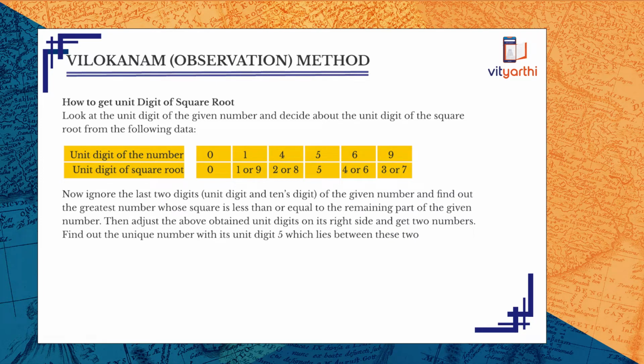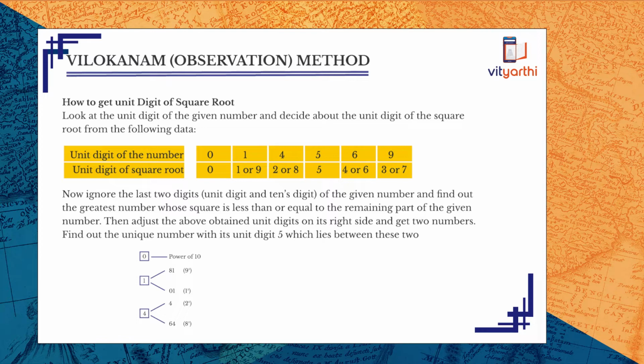Now understand the concept clearly. If 0 is in the unit place of a number, the square root of the number will be a power of 10. If 1 is in the unit place, then the square root of that number may contain 9 or 1 in the unit place. If 4 is in the unit place, then the square root may contain 2 or 8 in the unit place.